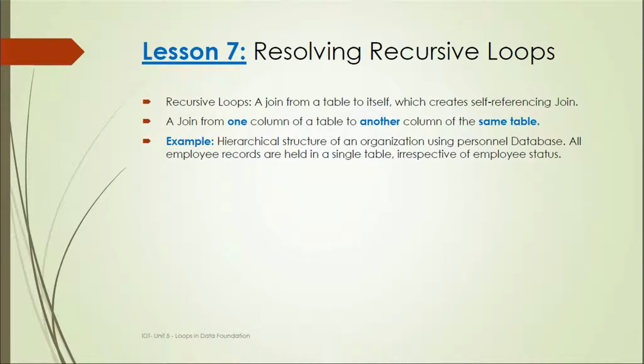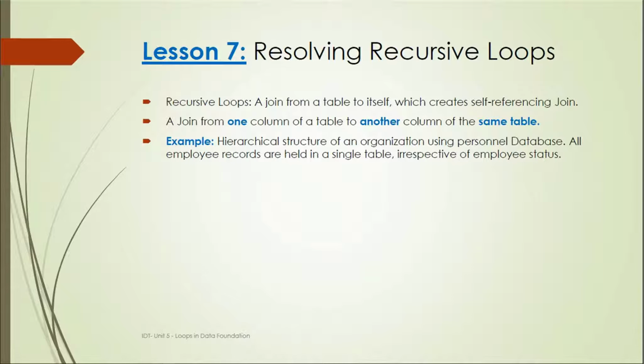Then coming to resolving recursive loops. A recursive loop is a join from a table to itself, which creates a self-referencing join. That is a join from one column of a table to another column of the same table. So this is nothing but a recursive loop, where the table joins to itself. An example is the hierarchical structure of an organization using a personnel database.